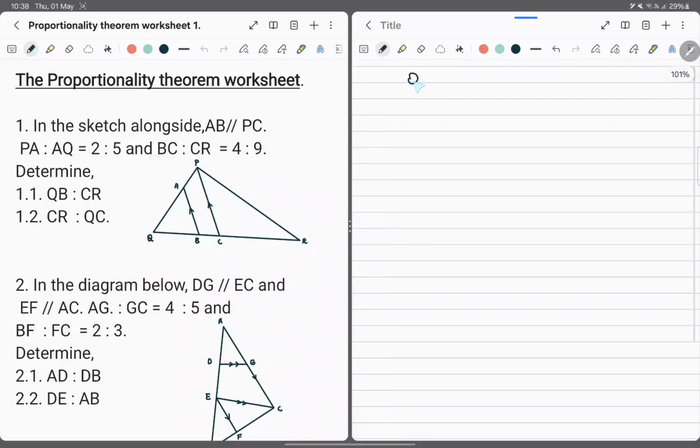Now let's look at this question 1. In question 1, we are given information that in the sketch alongside, AB is parallel to PC. And we are also told that PA is to AQ is 2:5.